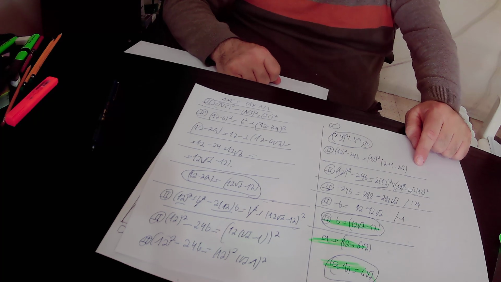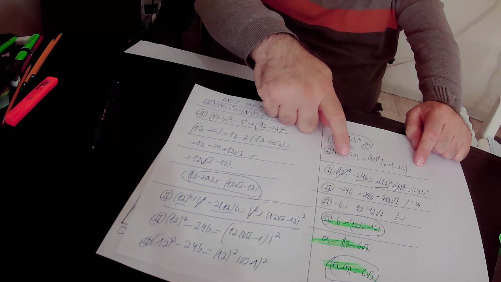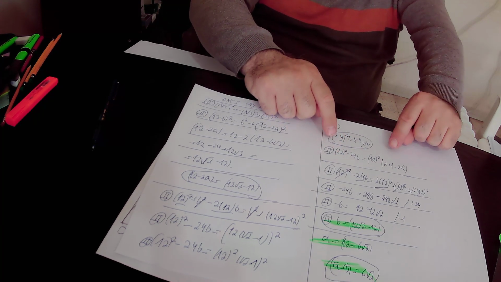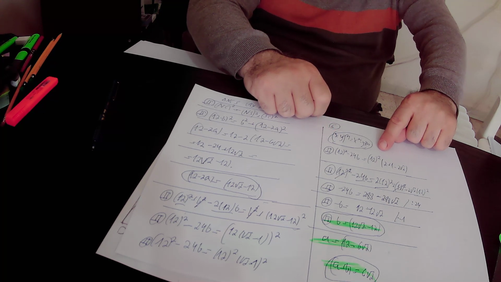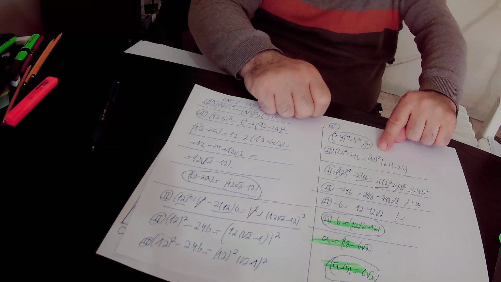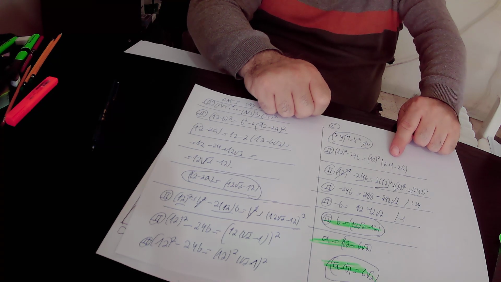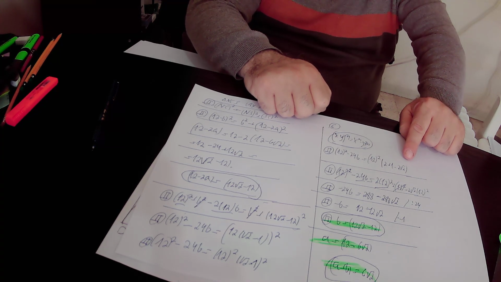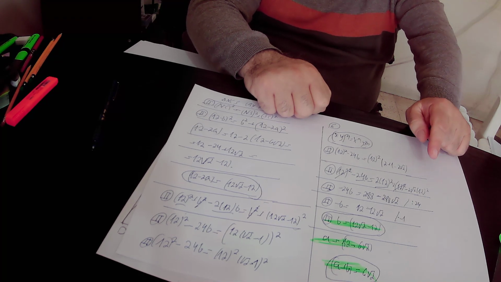Opening the brackets, it is 2 times 12 square plus 1 times 12 square minus 2 times square root of 2 times 12 square.